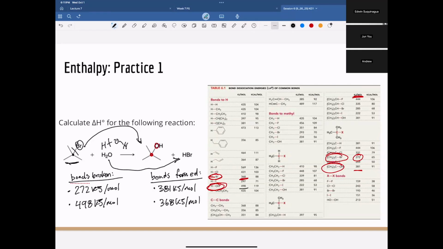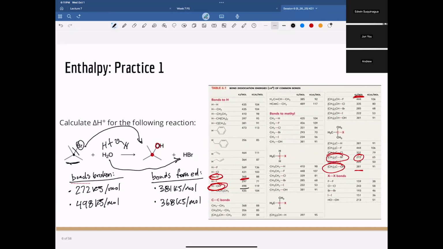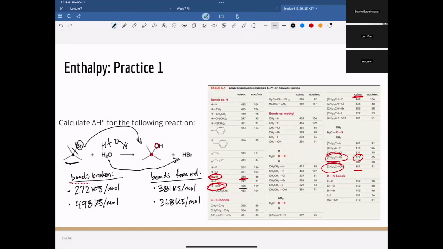Now that we got all the values to calculate delta H, we add all the bond energies of bonds broken, which is 272 plus 498.